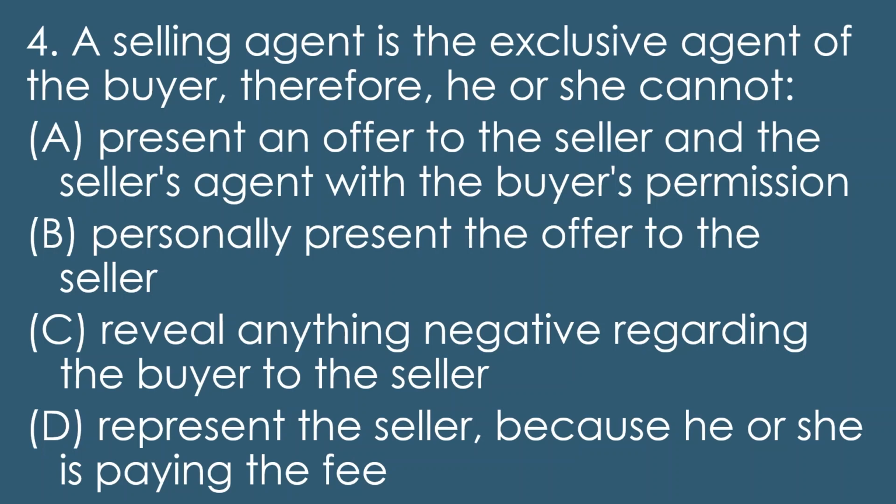B, personally present the offer to the seller. Well, you as the exclusive agent to the buyer can present an offer to the seller and bypass the agent that the seller is using, with the seller's permission. So that is something that, even though you are an exclusive agent of the buyer, you could do. So B would be incorrect.